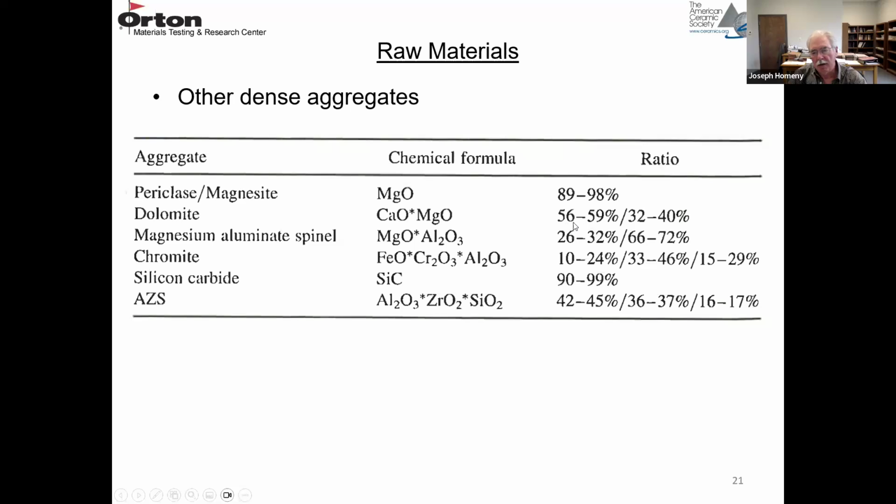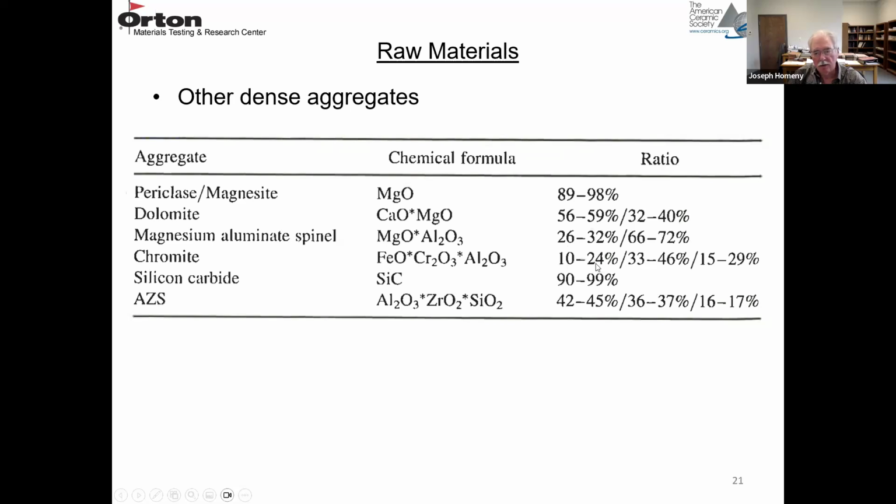Dolomite might have up to 59% CaO and up to 40% MgO. And then the spinel doesn't have to be stoichiometric. It is quite a range. So maybe 26 to 32% MgO, then the balance being alumina.